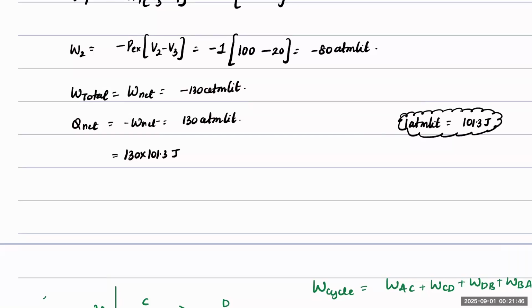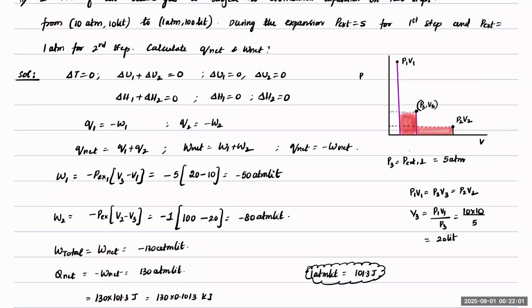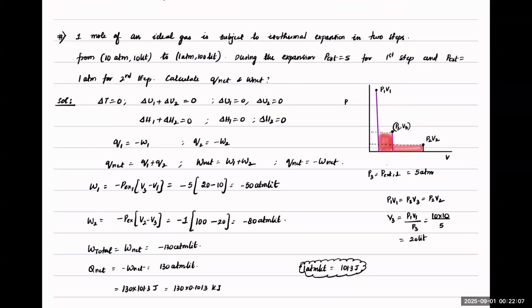If I want this in kilojoules, then it is 130 into 0.1013, correct? So that will be in kilojoules. Everybody understood what is Q net and W net? Please go through it. If you have any doubt, you can ask me.